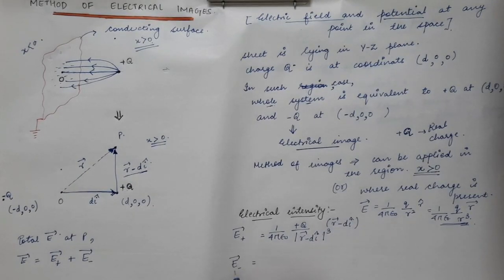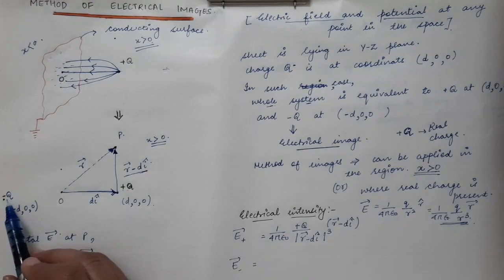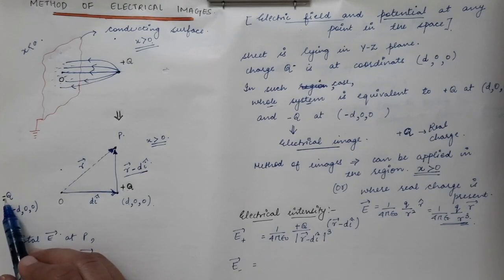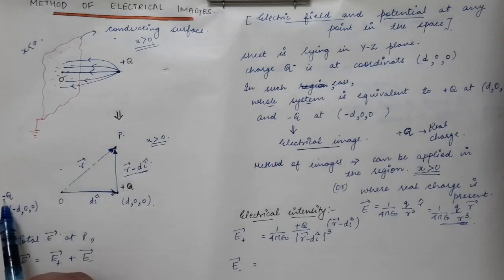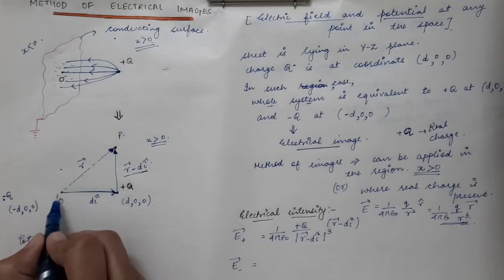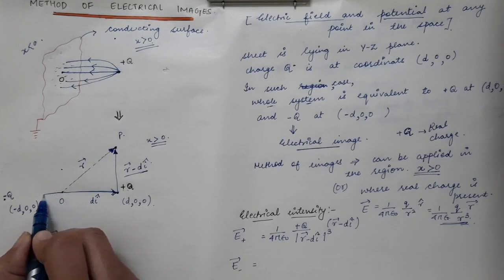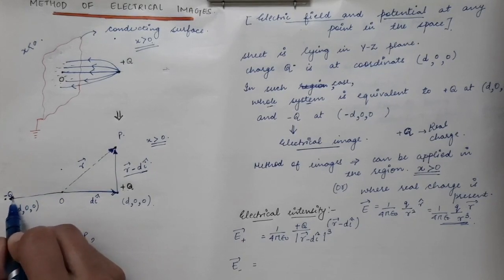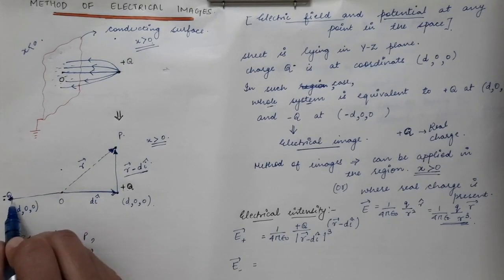Similarly, we can find the electric field at P due to the minus Q charge. What is the position vector of minus Q charge? It is now in the opposite direction.